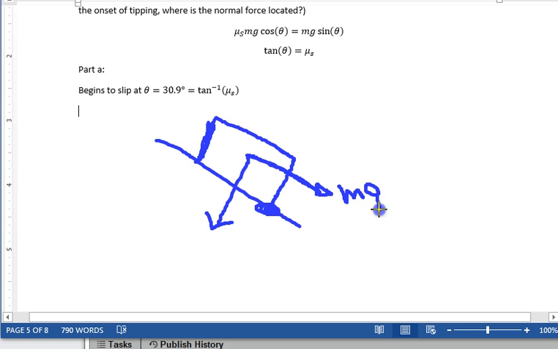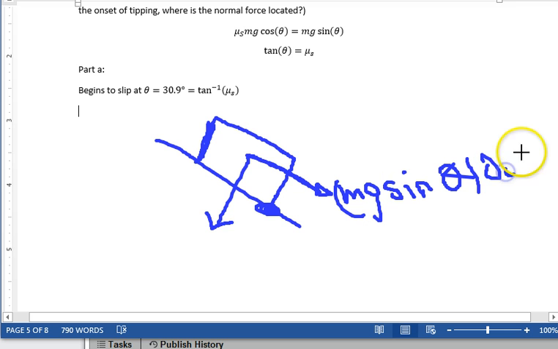We have mg sine theta times 0.9 meters, which is the torque due to the component of the weight down the slope about this point, because it's the perpendicular distance.